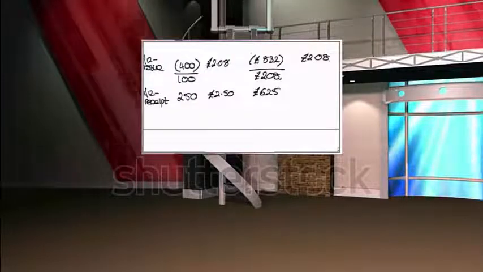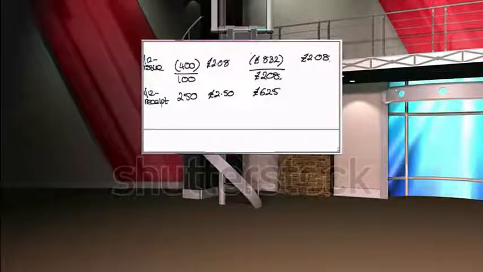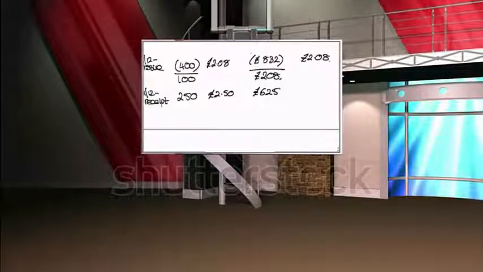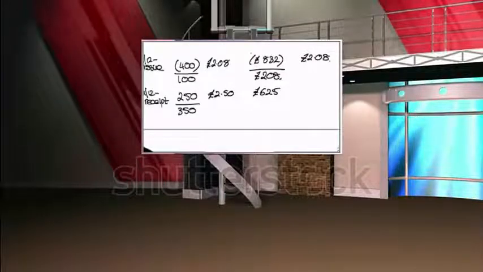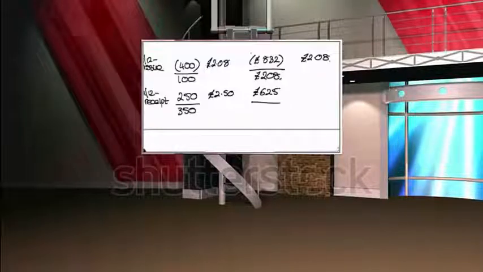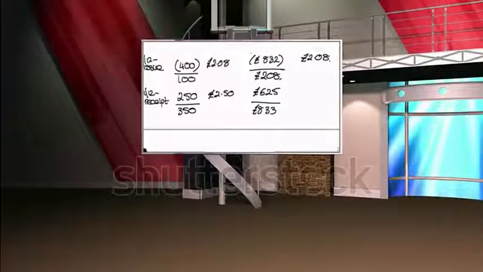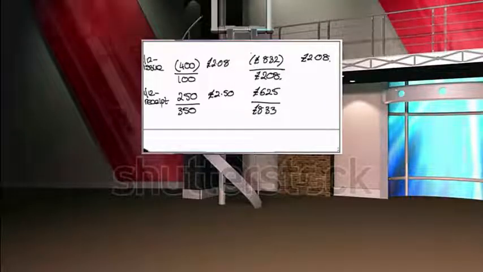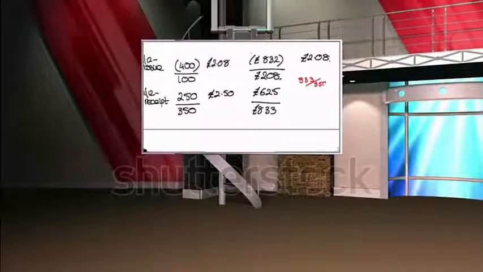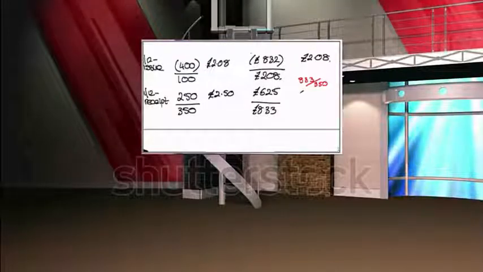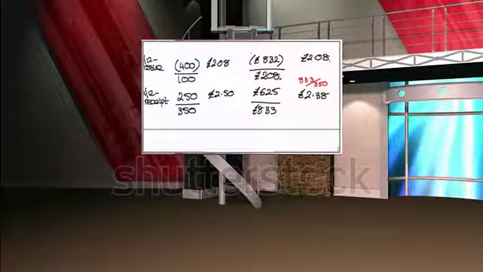So to calculate our average cost per unit, we just need to know how many units do we now have in total and what's the total value. Well, I would say we have 350 units in our inventory now with a total value of £833, which means our average cost, 833 divided by 350, gives us an average cost of £2.38.